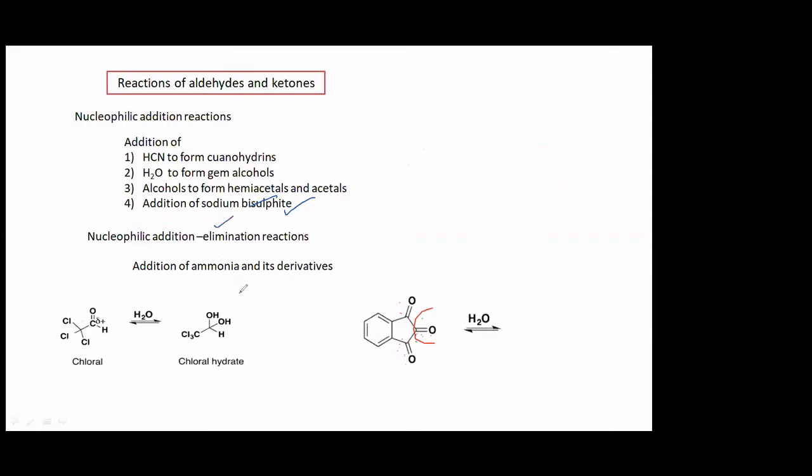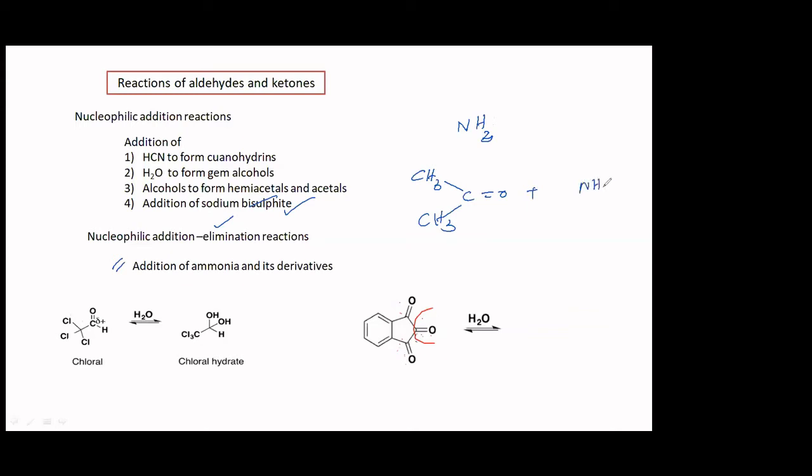Nucleophilic addition elimination reactions, basically you are adding ammonia and its derivatives. If you simply add ammonia to any of the carbonyl compounds, let's take acetone, CH3, C double bond O, CH3, how are you going to get the product here?